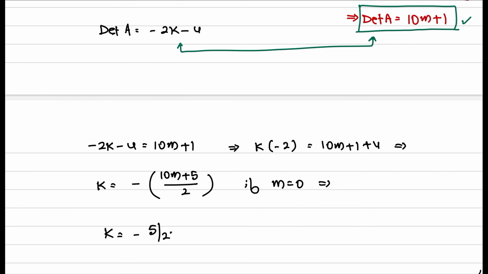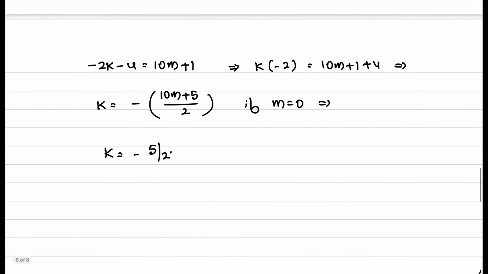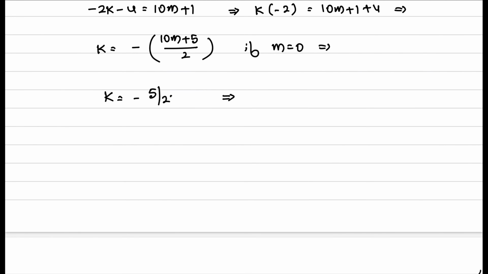That means ultimately k is equal to minus of 10m plus 5 by 2.